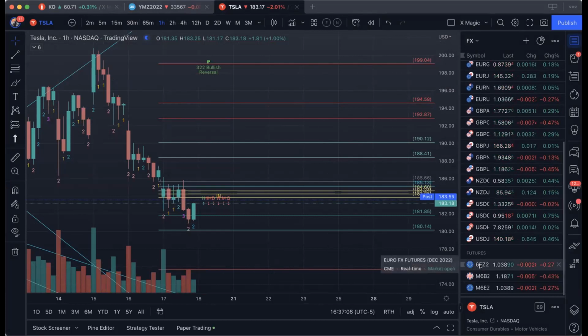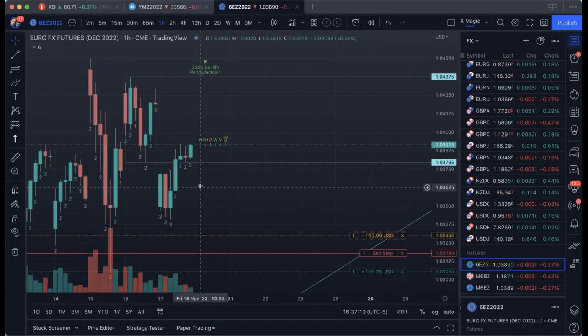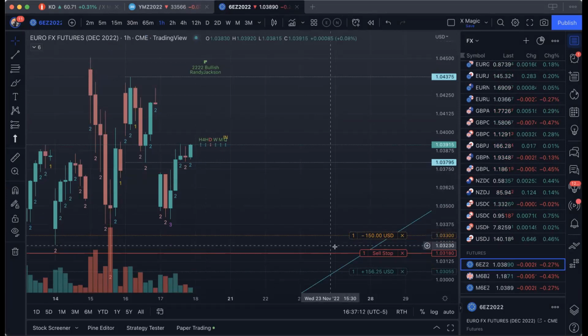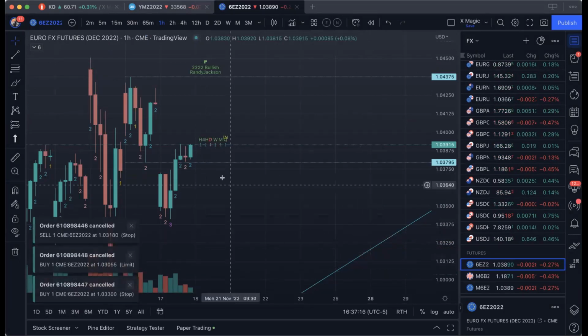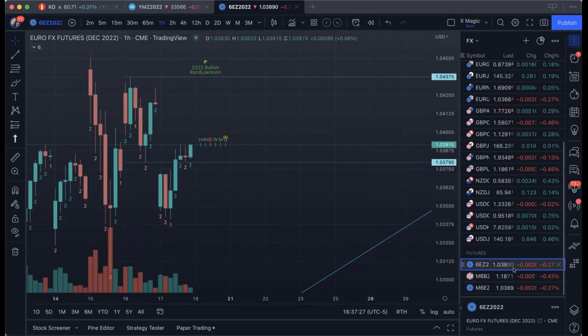So for the euro, you've got futures right here. It moves the exact same way as the euro to USD pair, just different pricing and a different ticker or instrument.